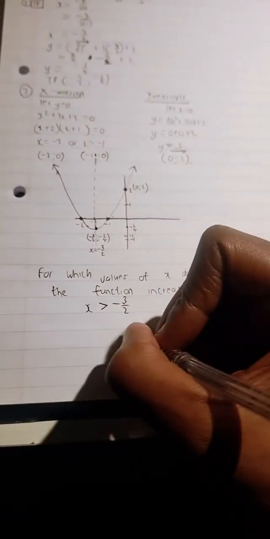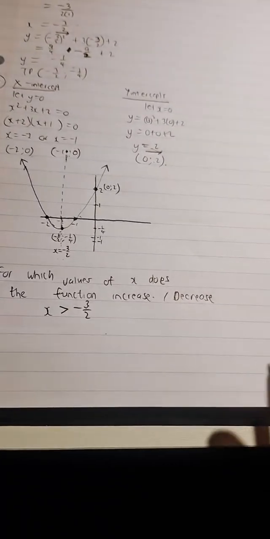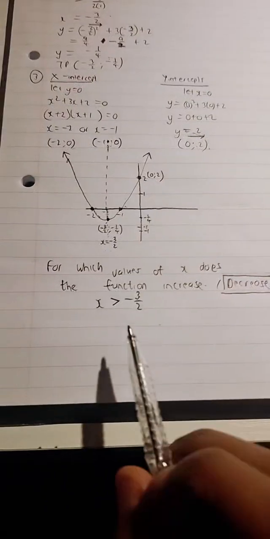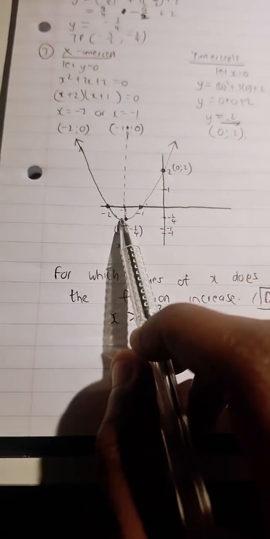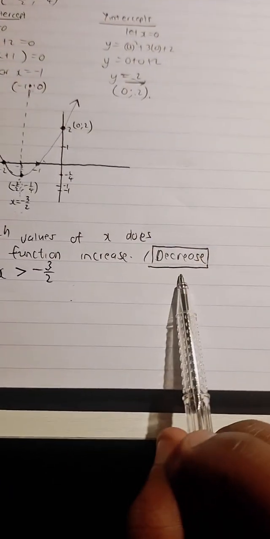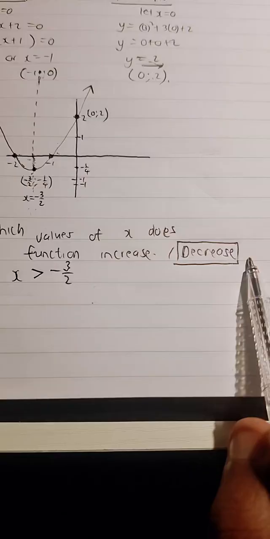For which values of x is the function, let's say, decreasing this time around? Where would we say it's decreasing? If it's increasing at x greater than negative 3 over 2, which you can see physically, for which values of x is the function decreasing?